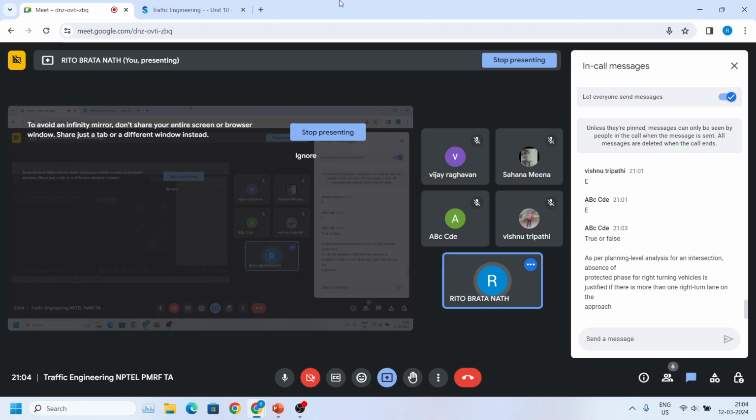As per planning level analysis of an intersection, absence of protected phase for right turning vehicles is justified if there is more than one right turning lane on that approach. I think this should be false. Let me just check and confirm.